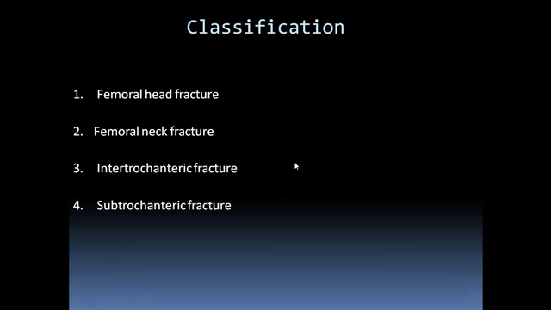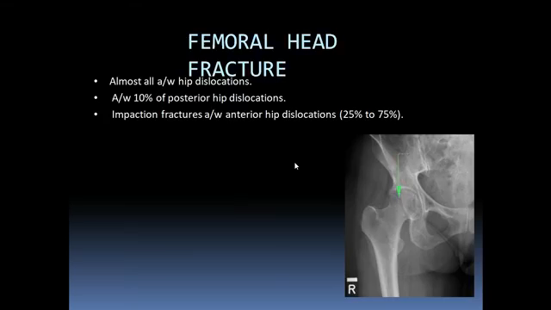Now come to the classification for femoral head fractures, femoral neck fractures, intertrochanteric fractures and subtrochanteric fractures. Femoral head fractures almost always occur along with hip dislocations, and 10% of posterior dislocations may present with femoral head fractures, and impaction fractures occur along with anterior hip dislocations.